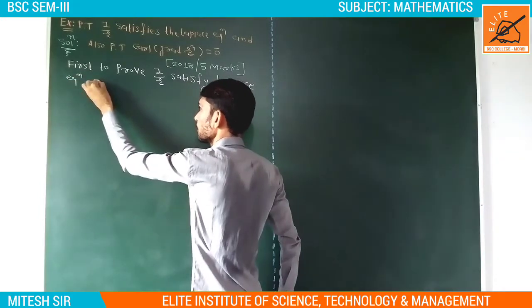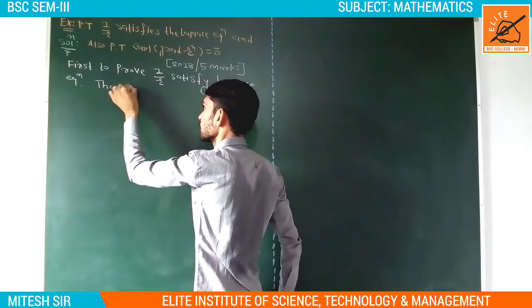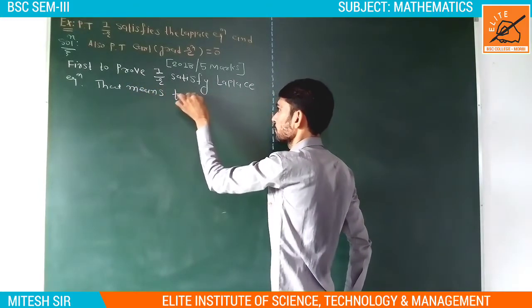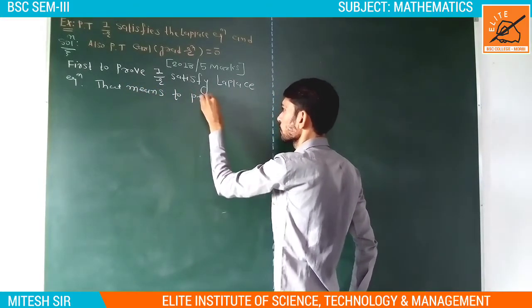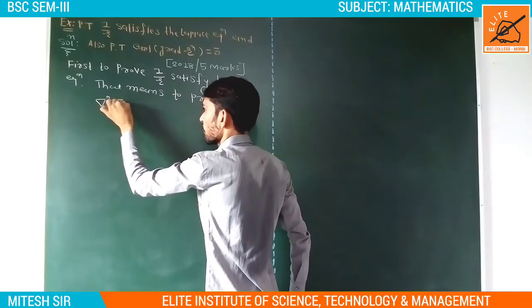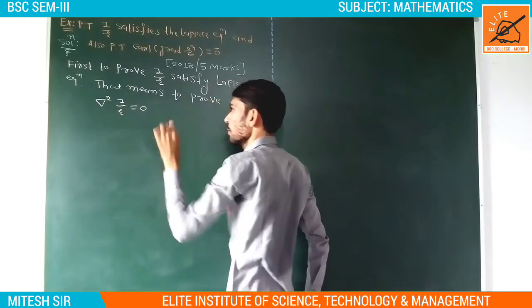That means to prove nabla square 1 upon r is equal to 0.